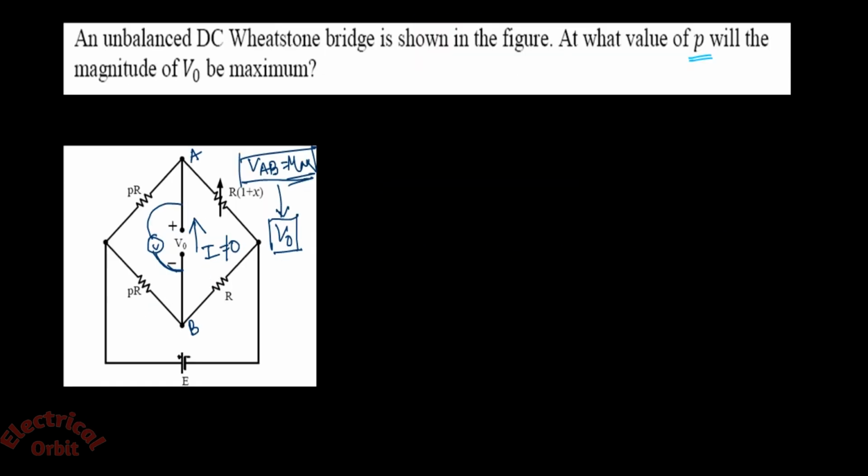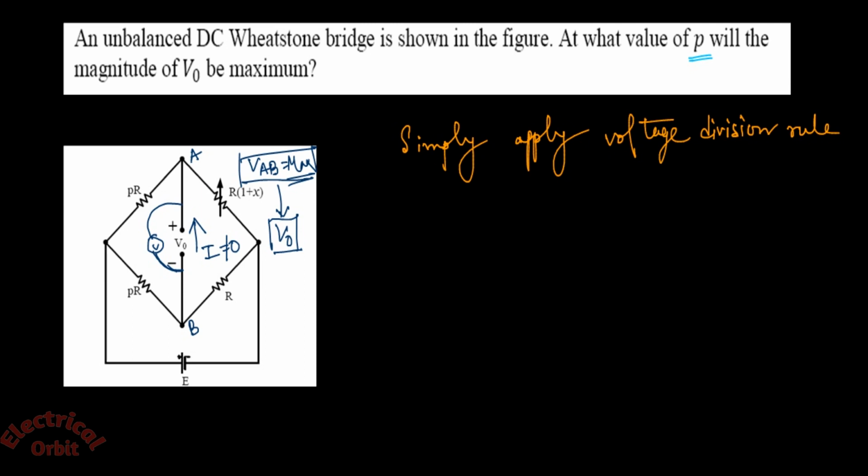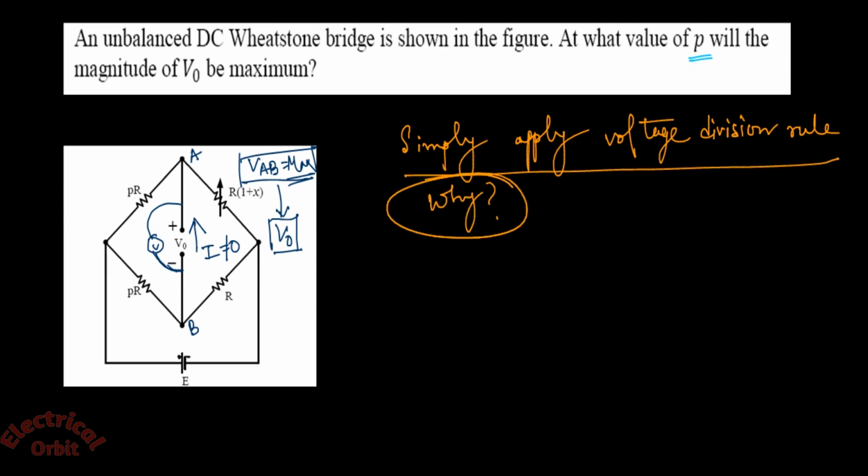Now here we have to simply apply the voltage division rule. Now your question will be why? The answer is, applying the voltage division rule, we have to determine the value of VA, the voltage at this point, and the value of VB, the voltage at this point.